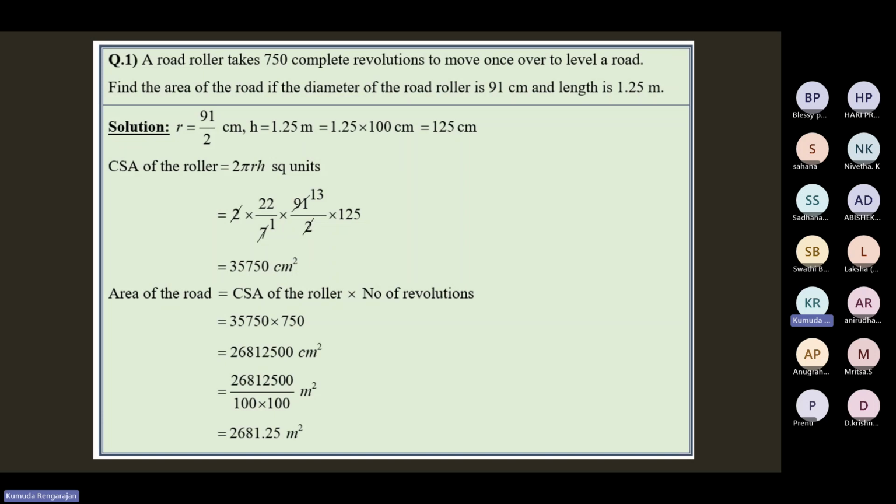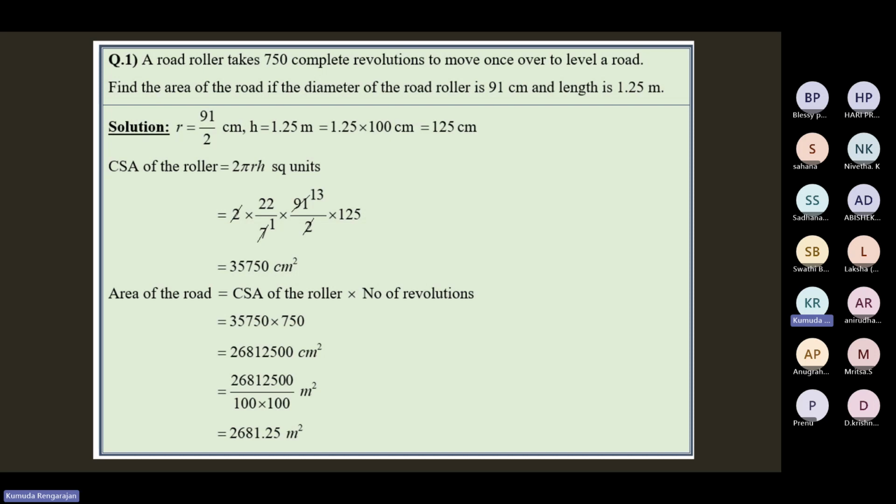That means the area of the road is the area covered in 750 revolutions. And what is the area covered in 750 revolutions? In one revolution, the area covered is the CSA of the roller. Why CSA?